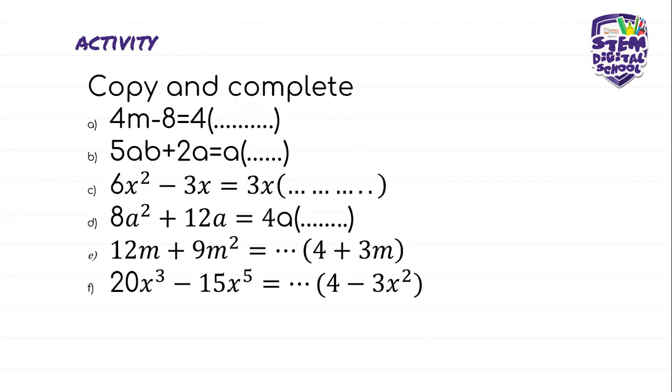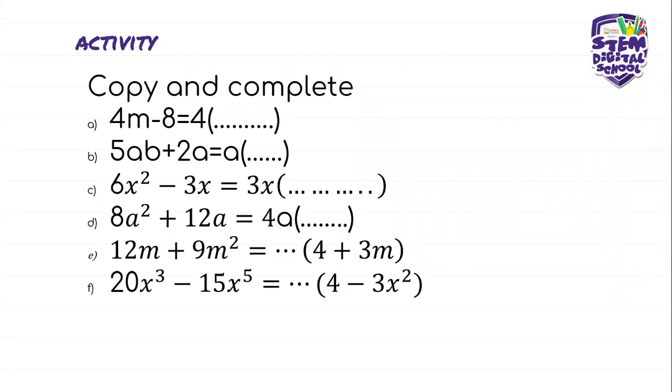For instance, as Tando has said, if you have 4 open bracket m minus 2, and you take the expression back to its original form, you multiply 4 by m to get 4m, and thereafter you multiply 4 times 2 to get 8. So 4 multiplied by 2 will be 8, meaning that you will be back at 4m minus 8.